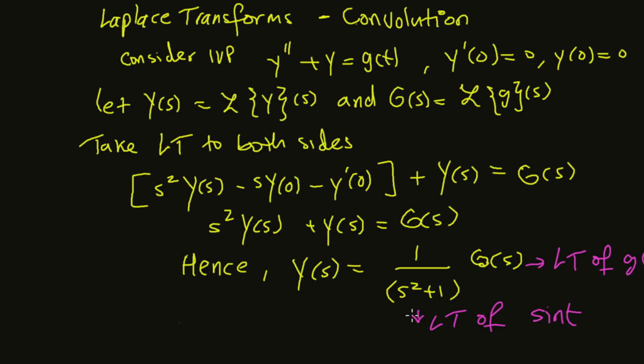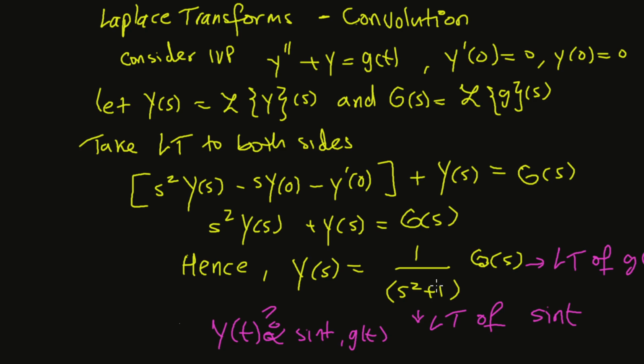So what happens here is when we have this sine of t and g of t, we would like to have a simple formula. So when we think about y of t, we want to find it in terms of sine of t and g of t, based on what we see here.